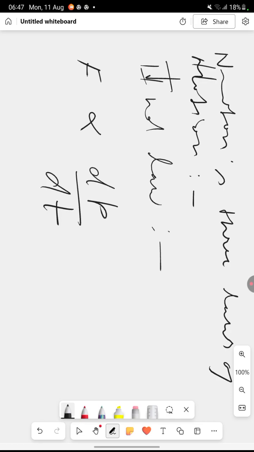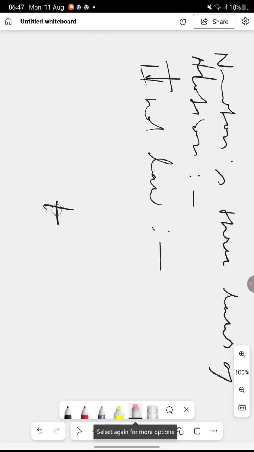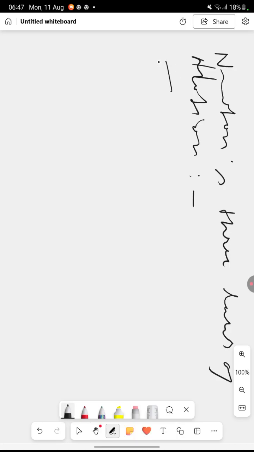Now let's move ahead and go to the third law. According to the third law, every action and reaction are always equal and opposite.